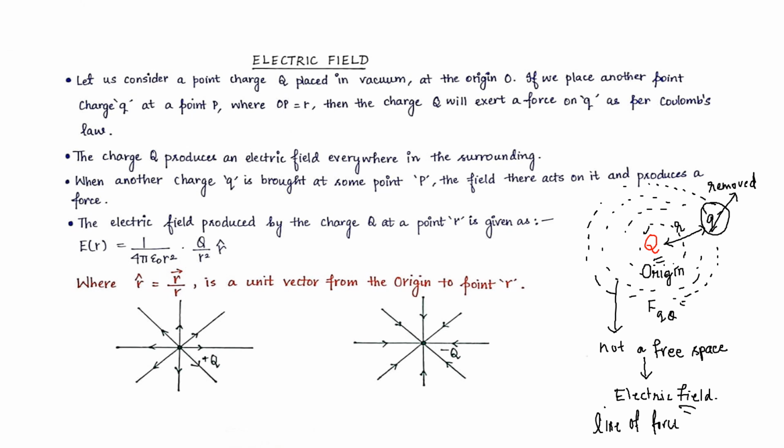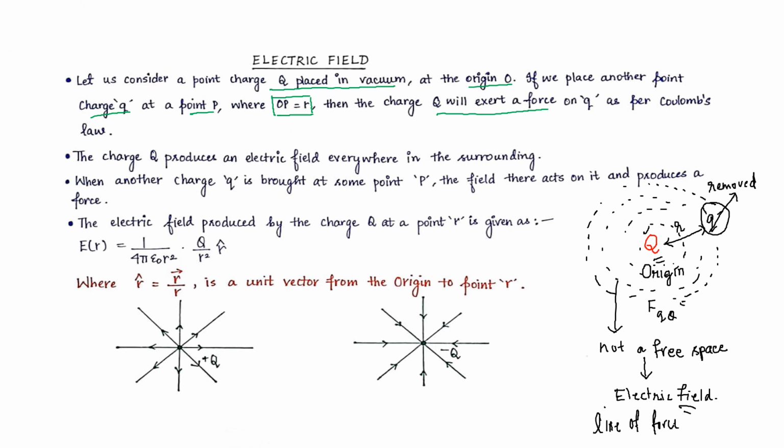Now coming to point number 1 here. Let us consider a point charge capital Q placed in vacuum at origin O. If we place another charge small q at the point P, where OP equals r, this is the distance between origin and point P. Then the charge capital Q will exert a force on small q as per Coulomb's law.